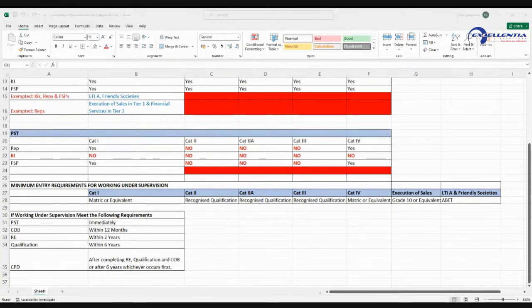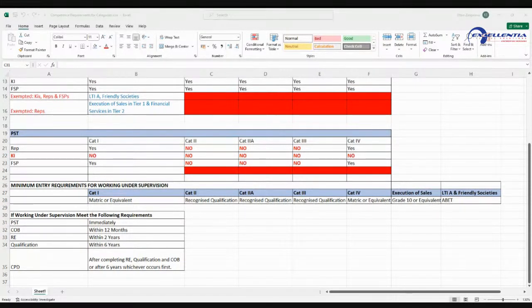Then, if you are doing execution of sales, you only need grade 10 or equivalent. Please don't ask me what is the equivalent of grade 10, but you are only required to have grade 10 or equivalent. Then if you are in long-term A and friendly societies, you only need ABET.